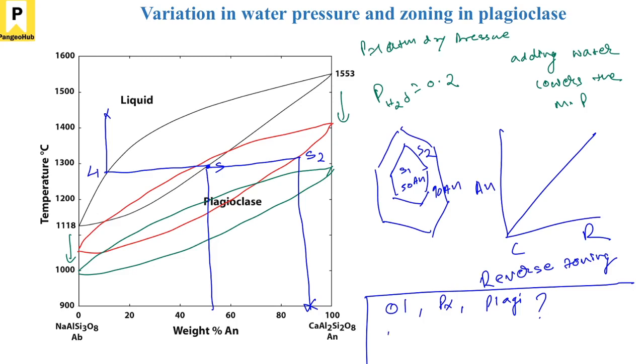Then why is zoning more common at the rims? These are a few of the questions that we can definitely address as we move on, and we will discuss this further when we go for the live classes in the near future.